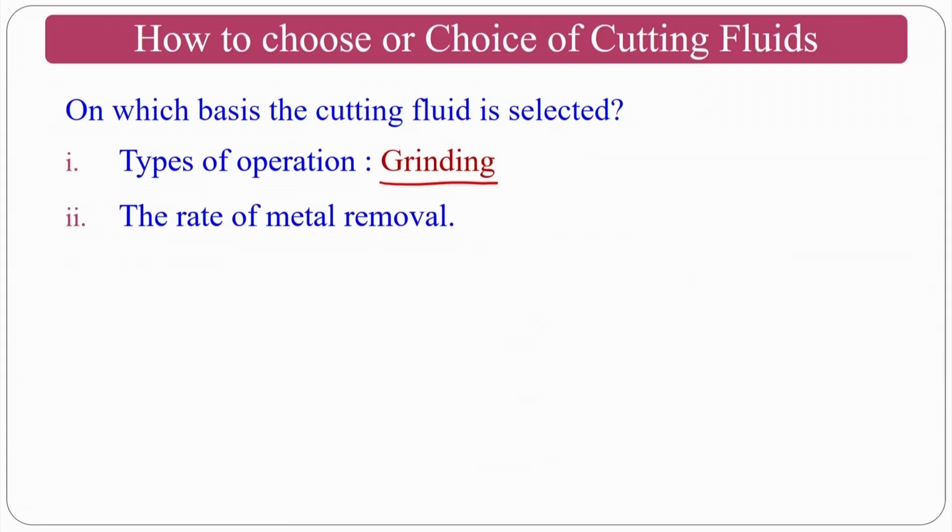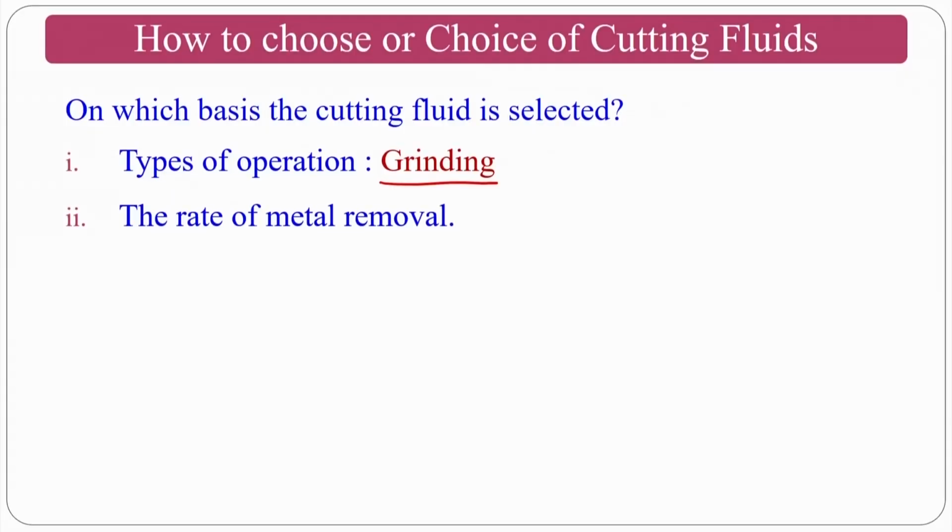If your condition is material removal, the temperature will be very high, so you should always go for the cooling type. If you are going for the finishing type, where the material removal is very less and I am talking about a good surface finish, in those circumstances you should go for lubricating oils.